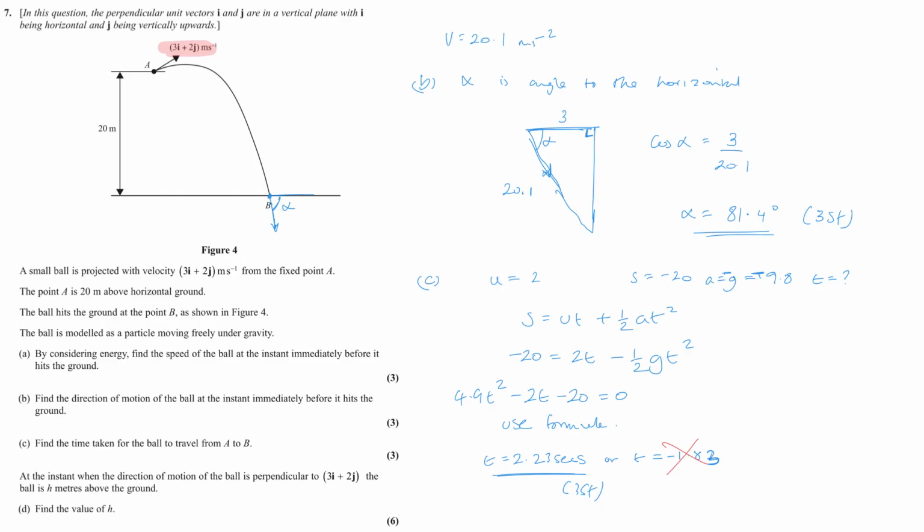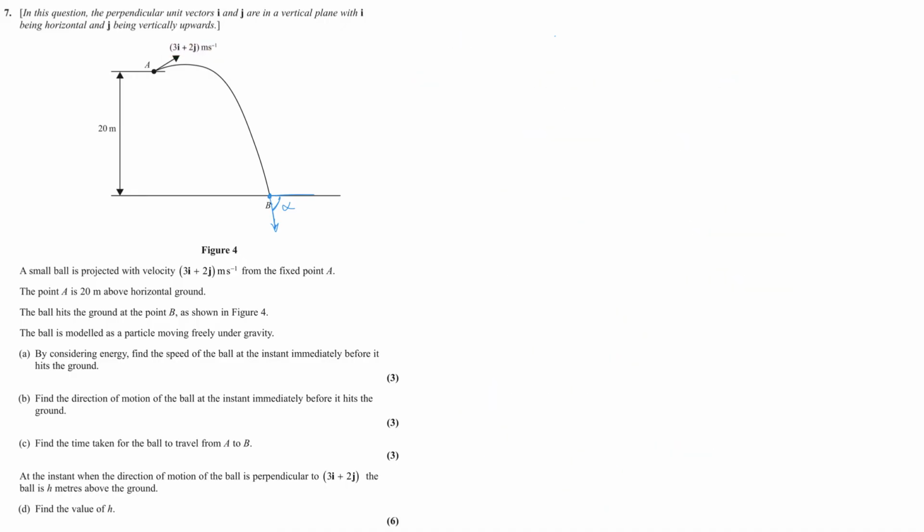At the instant when the direction of motion of the ball is perpendicular to 3i plus 2j, the ball is h meters above the ground, find h. So part D, at some point here, we've got this 3i plus 2j, and this one then is perpendicular to it, so at 90 degrees.